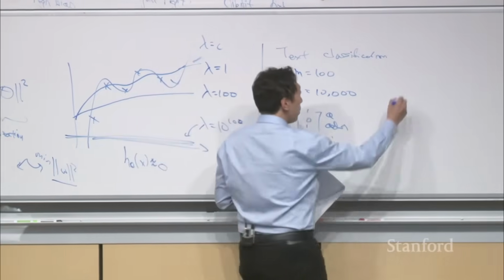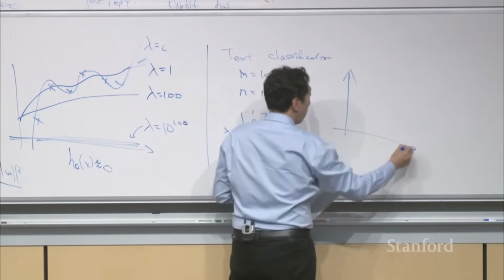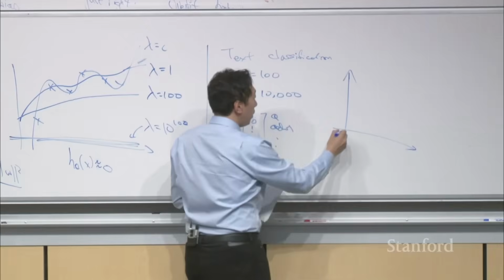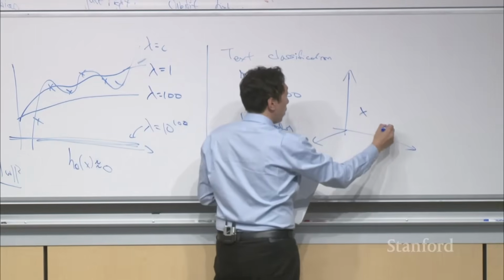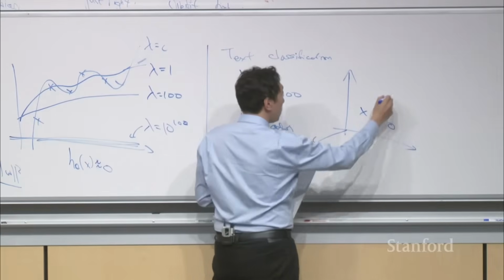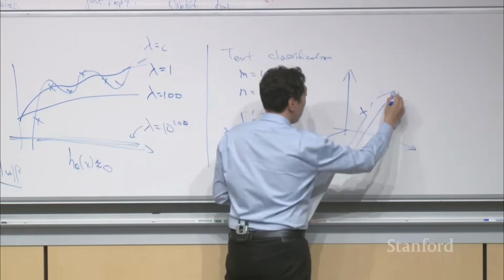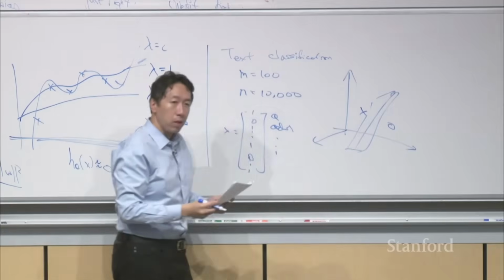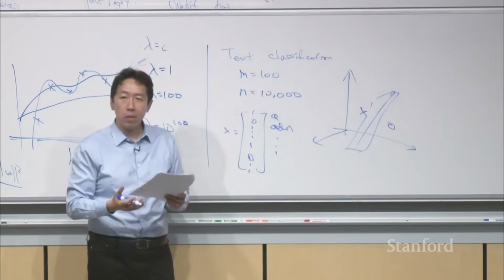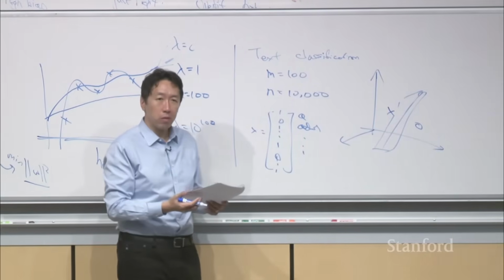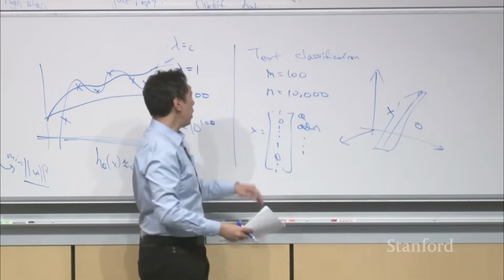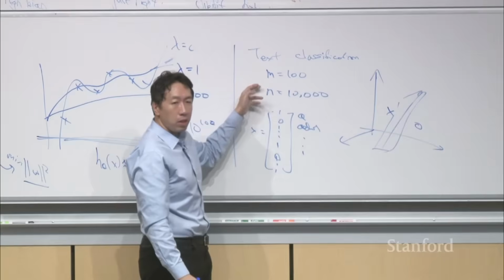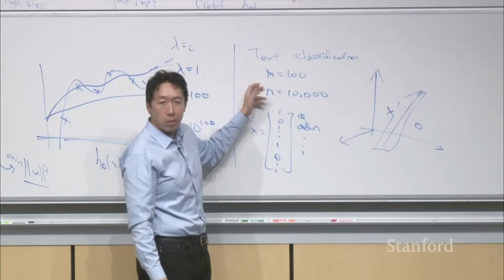And to explain a bit more, imagine that you have a three-dimensional subspace where you have two examples, then all you can do is fit a straight line, right, for the hyperplane to separate these two examples. But one rule of thumb for logistic regression is that if you do not use regularization, it's nice if the number of examples is at least on the order of the number of parameters you want to fit.